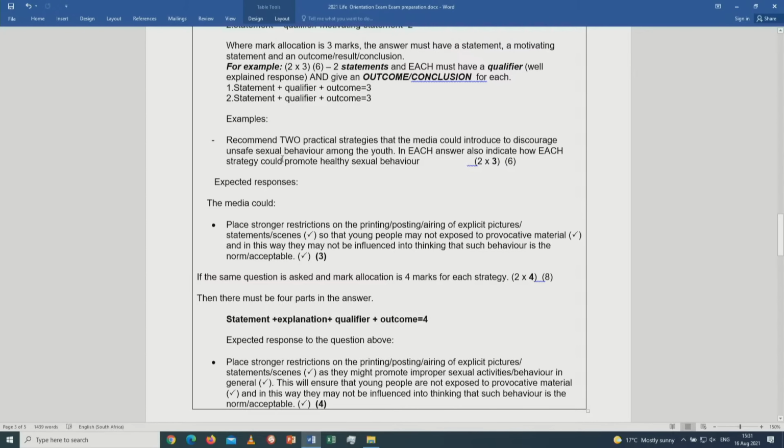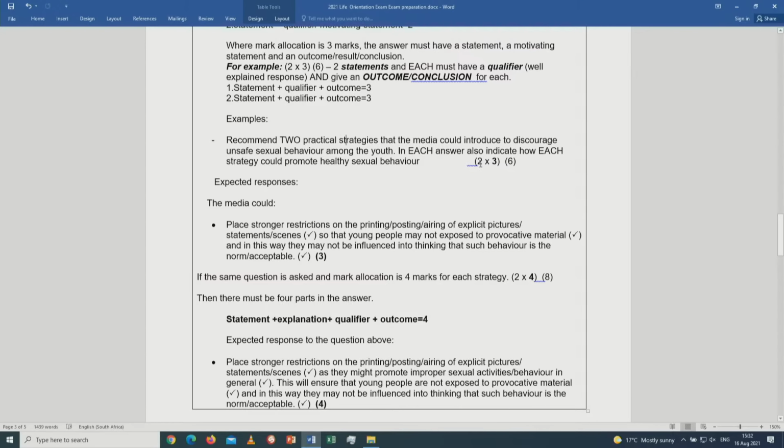Now, once you have those keywords underlined as well as your instruction word, the second step, you now go to the mark allocation. It says 2 times 3, and the total for this question is 6 marks. This 2 means you must give 2 responses. In each response that you will be giving, there must be 3 parts to those responses.